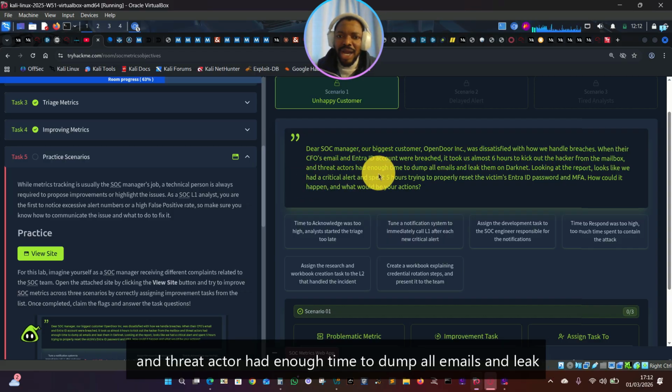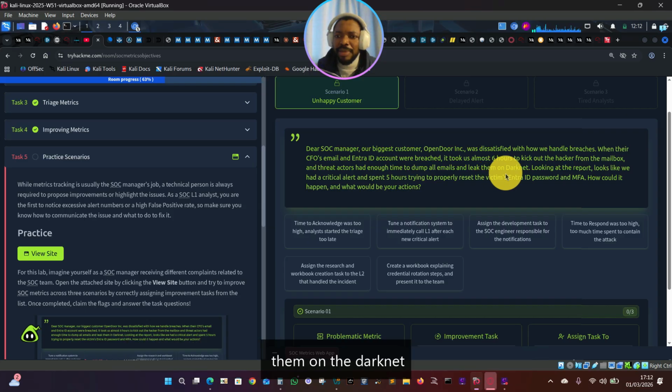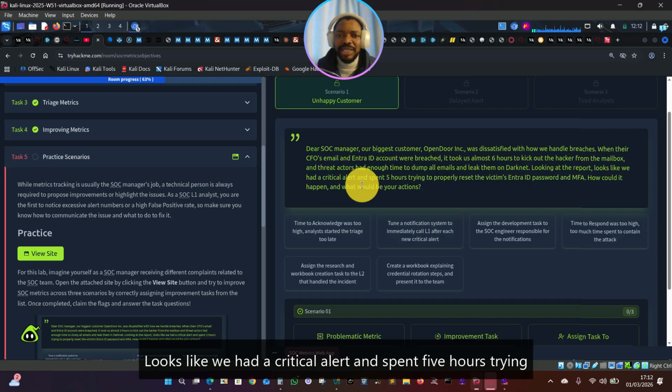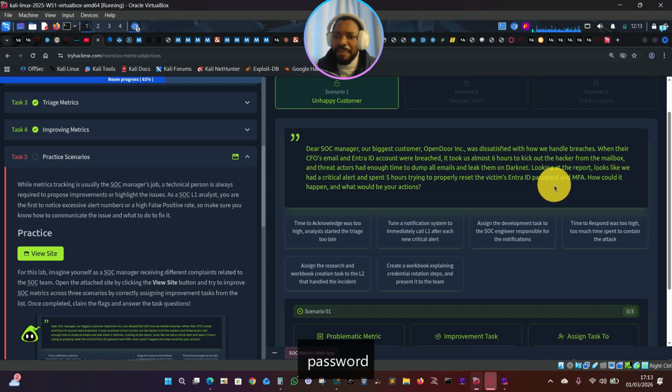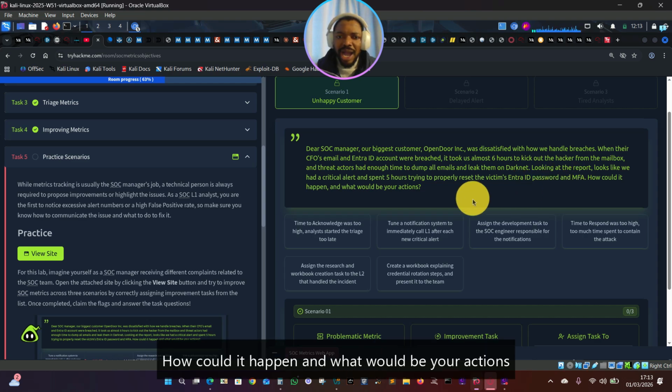The threat actor had enough time to dump all emails and leak them on the darknet. Looking at the report, it looks like we had a critical alert and spent 5 hours trying to properly reset the victim's Entra ID password and MFA. How could it happen? And what would be your actions?